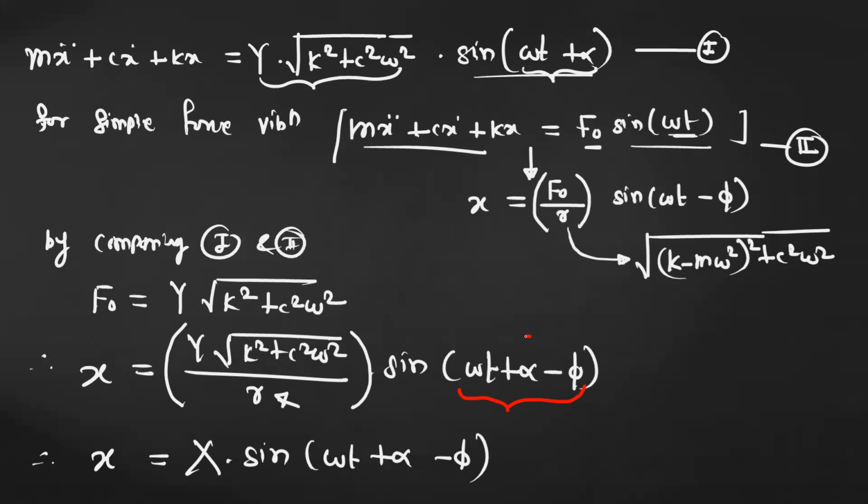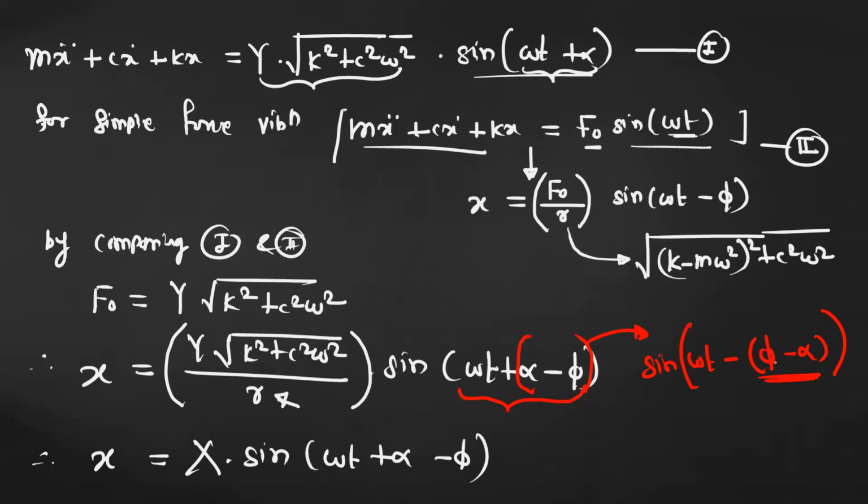Okay, and this is nothing but the phase lag, alpha minus phi or phi minus alpha. So if you take the negative sign from this equation, it will become sine of omega t minus, in brackets, phi minus alpha. Okay, so we have to find out this total angle.